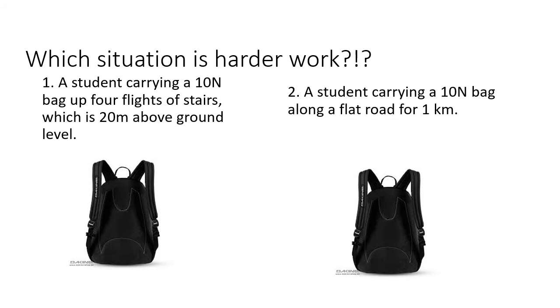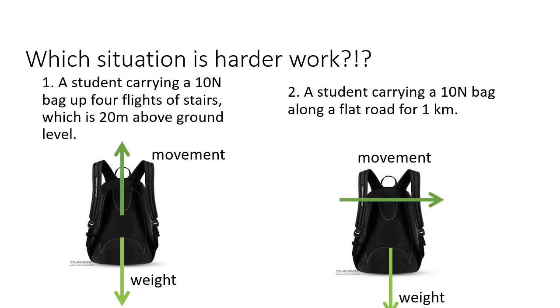Welcome back. In this situation, there is a trick for you. Maybe some students are thinking that situation 1 is much harder than situation 2, or situation 2 is much harder than situation 1. Before giving you the right answer, I want to show you the direction of the forces. When something is being carried, its weight always acts downward.